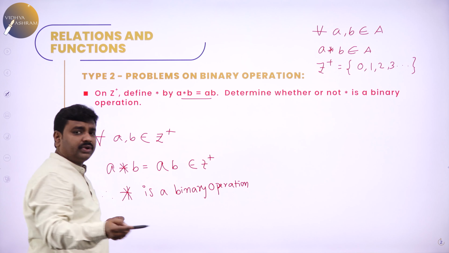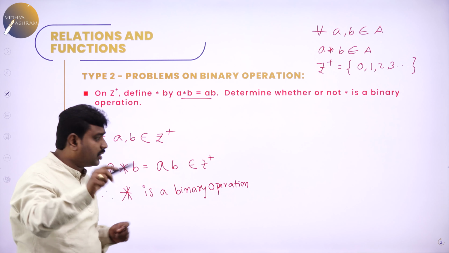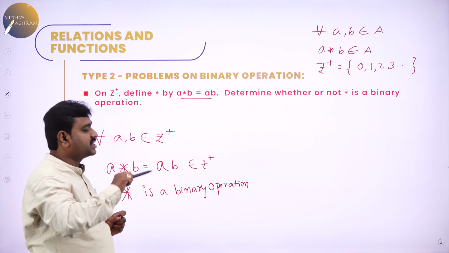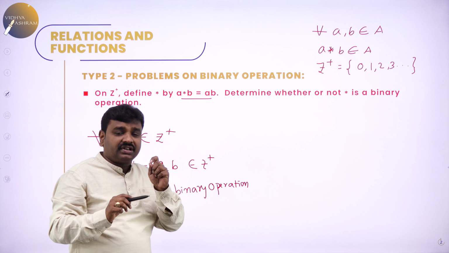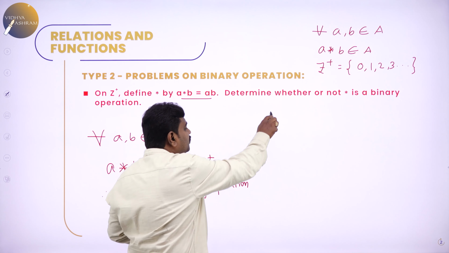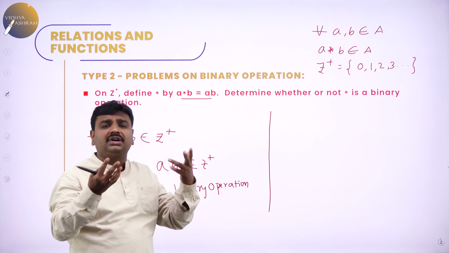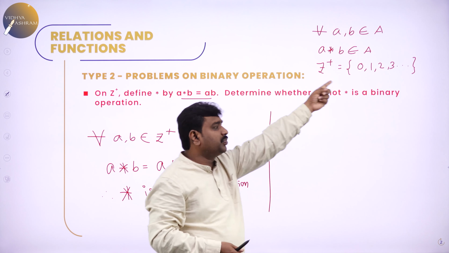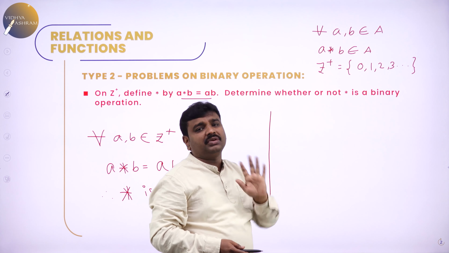Why? Because you take any two elements belonging to this set Z plus, after you operate, the result will belong to the same set. In this situation ನೀವು ಎಕ್ಸಾಂಪಲ್ ನ ಕೊಡಬಾರದು, because you take any two positive integers or any two elements belonging to Z plus, definitely the result also belongs to Z plus.